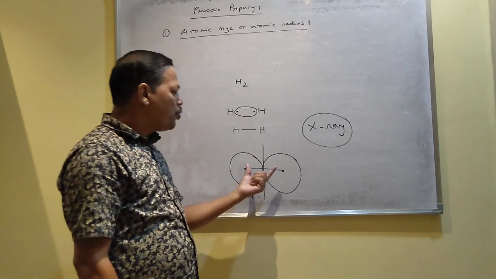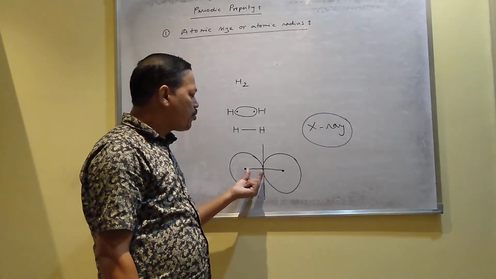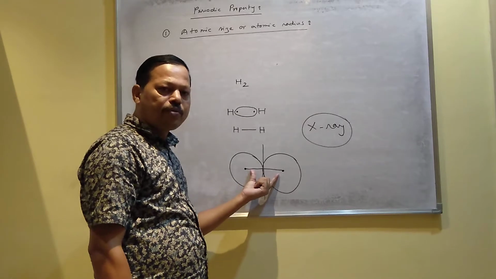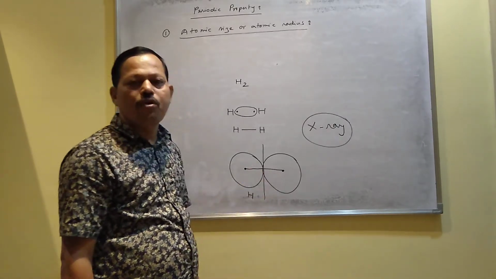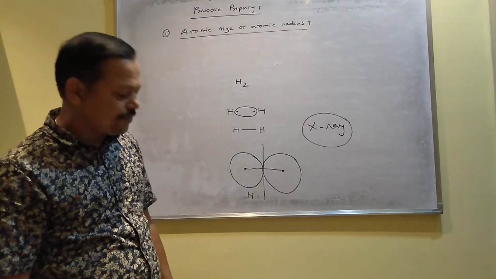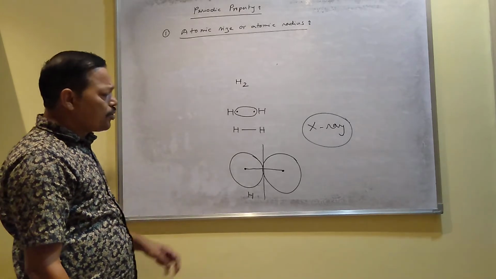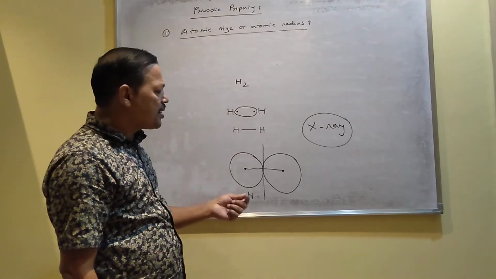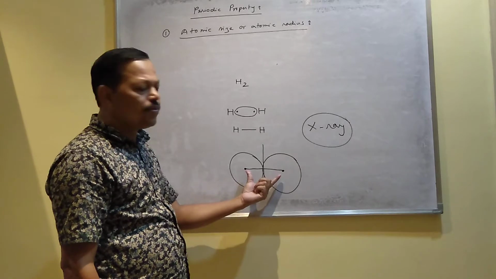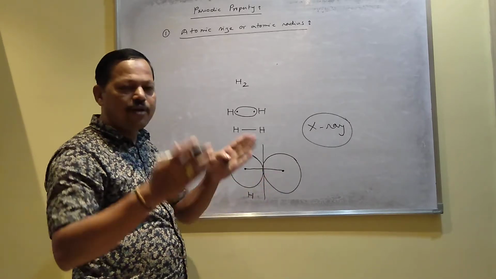And since we have determined the radius from the covalent bond, that is why this type of radius is called covalent radius. Okay, so covalent radius means nothing, it is the half of bond length. You find out the bond length.